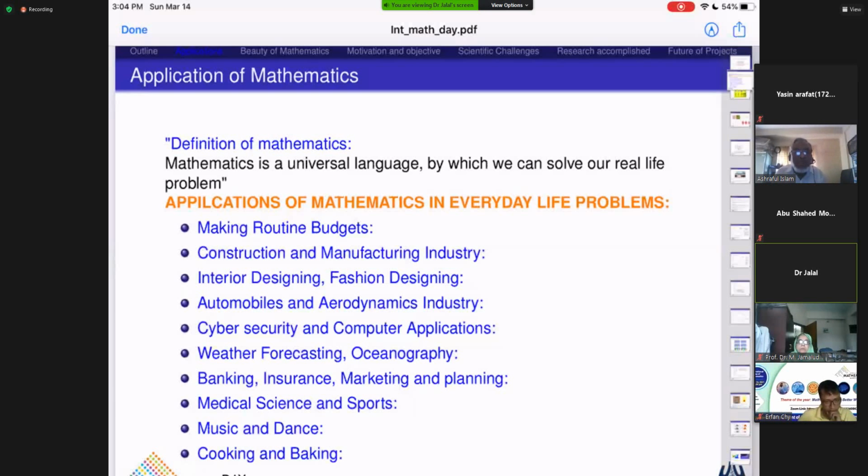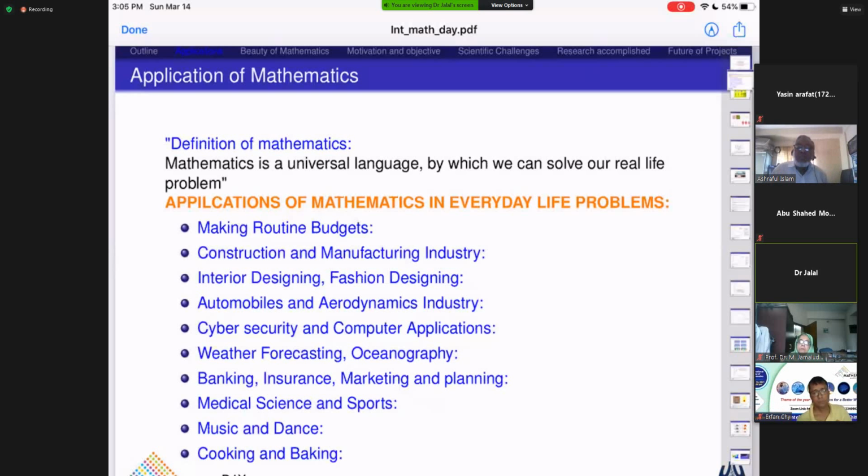In construction and manufacturing industry, if someone is very good at mathematics, that can help them understand and easily solve construction and manufacturing problems. Similarly, in interior design and fashion design, we need this mathematical idea. And automobile and aerodynamics is a very big industry in the world.